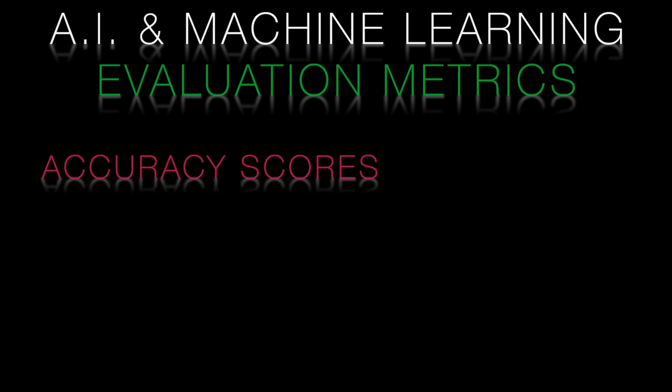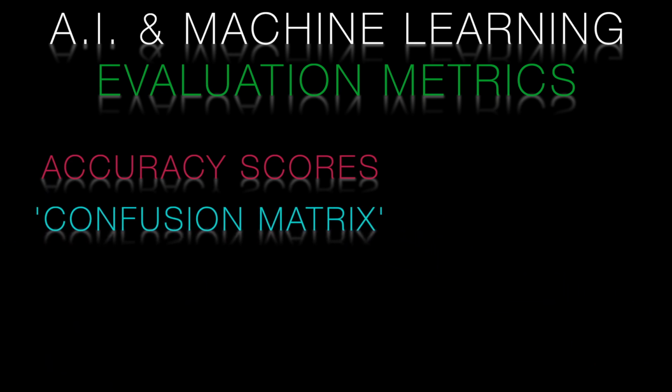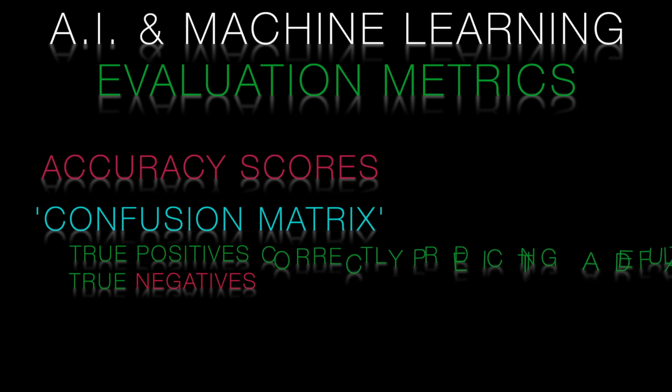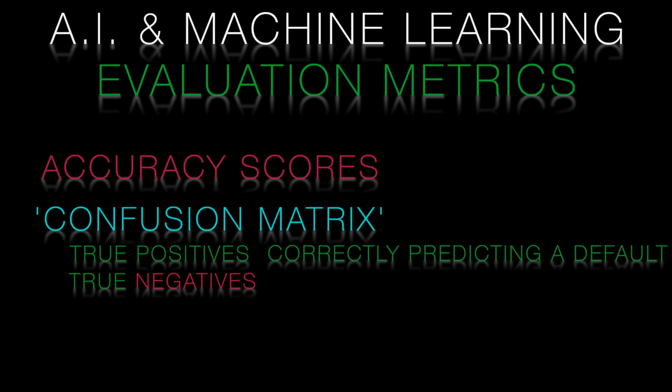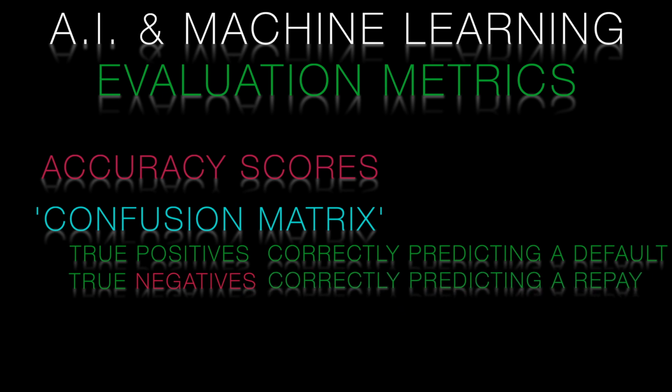To do that, we'll discuss the confusion matrix. This separates out our AI system's correct assertions, the true positives and true negatives. Here, the AI is correctly classifying our records. For instance, for a loan default predictor, a correct classification of a defaulting borrower would be a true positive, whereas a correct classification of a repaying borrower would be a true negative.